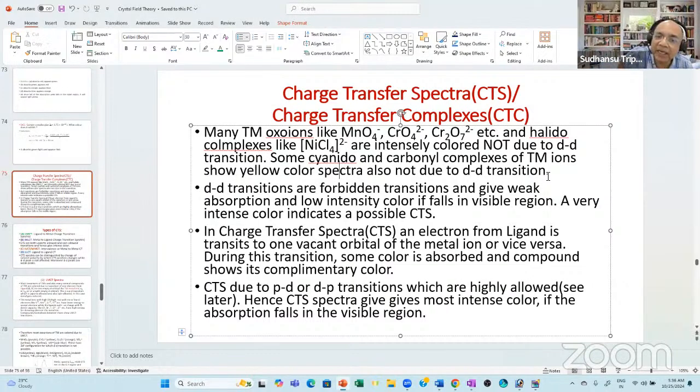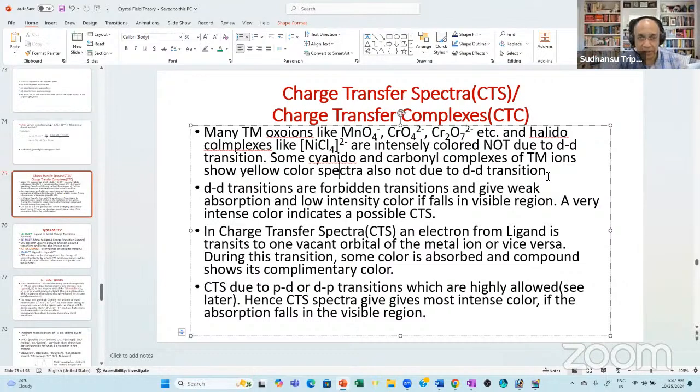In permanganate, dichromate, chromate, their intense peak is a p to d transition. Delta l is equal to 1, so it is highly Laporte allowed, because the ligand has the lone pair in the p orbital, the filled orbital.